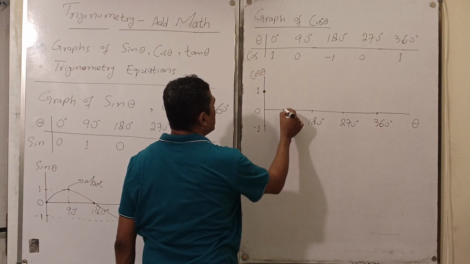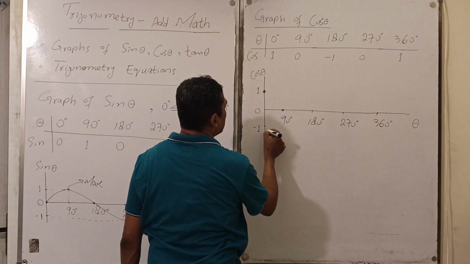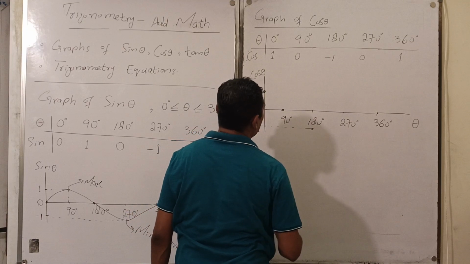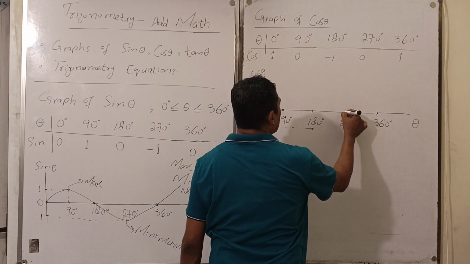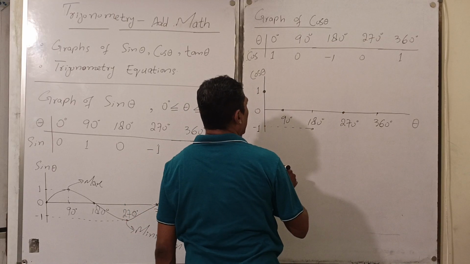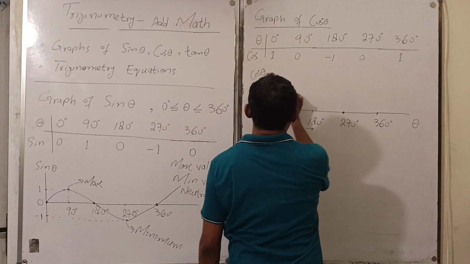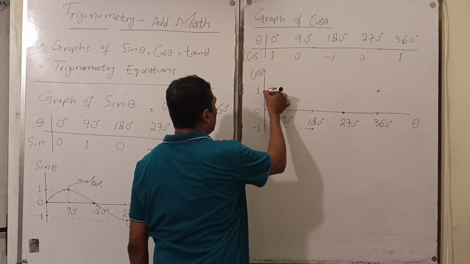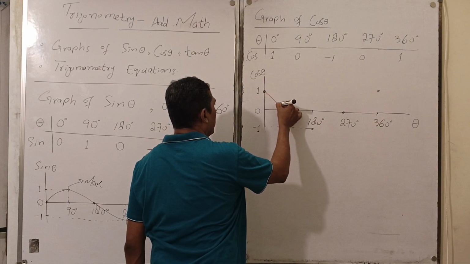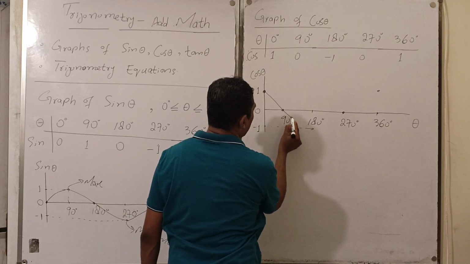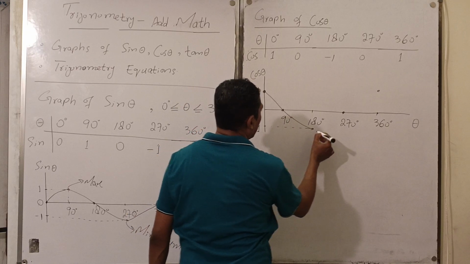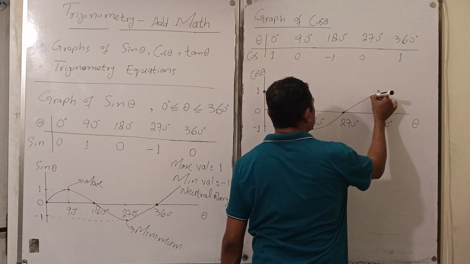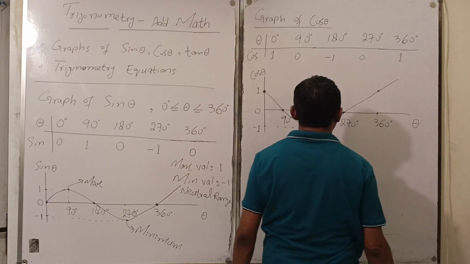The next value is 0, at 180 the value is -1, so you will have this value, and similarly at 270 you will have this value, and at 360 again the value is 1. Okay, so you will have this shape.